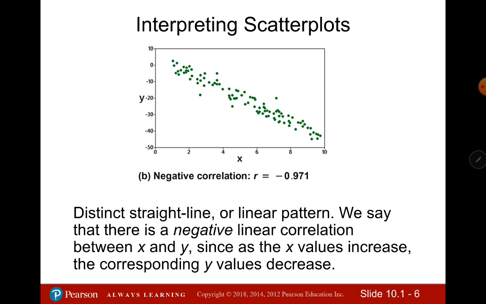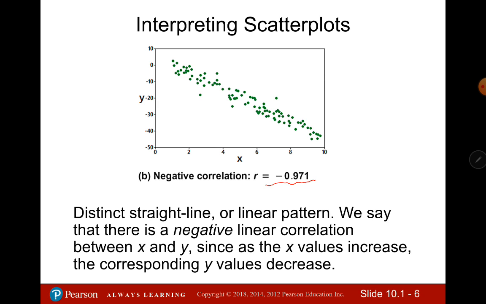For this next one, we can also use a straight line to approximate all the dots, right? But this time the slope of the straight line is negative. So we will say it's a negative linear correlation.